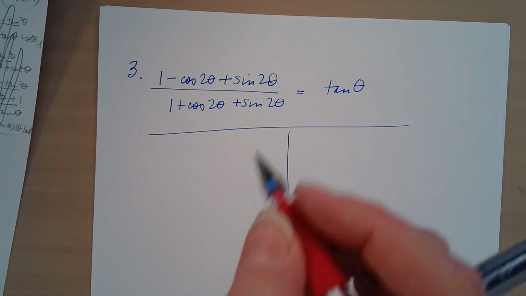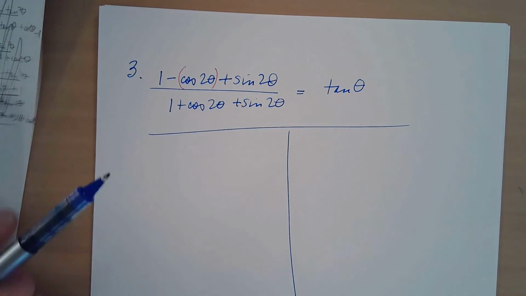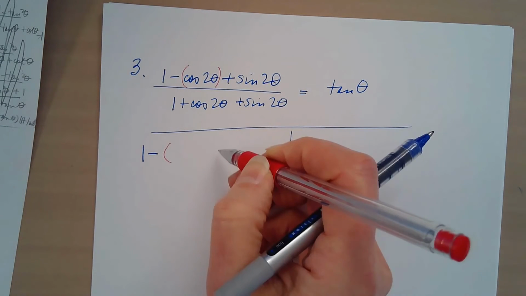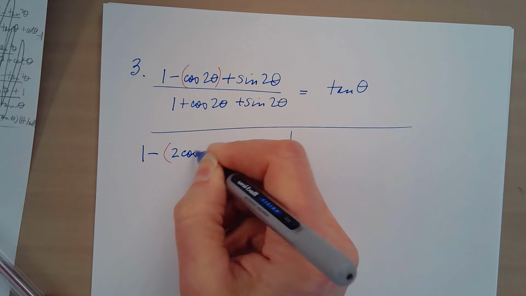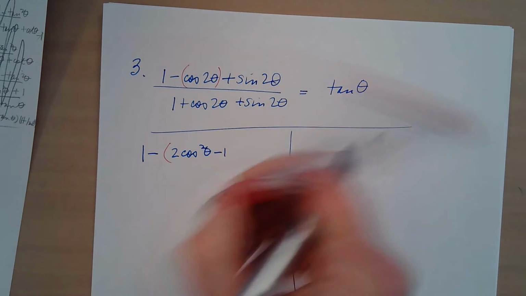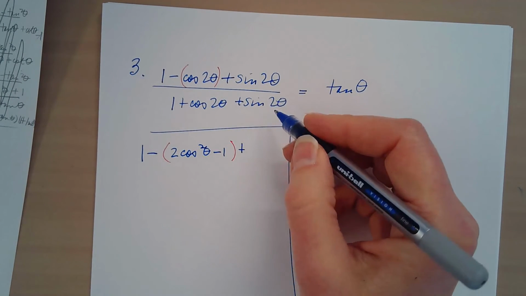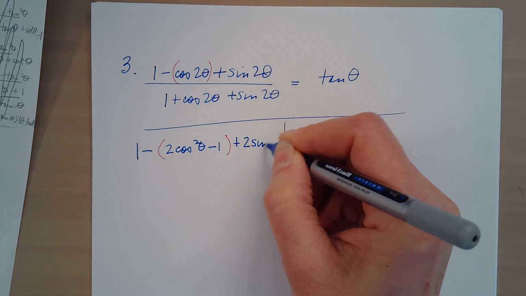So that's, I think, what I'm going to do, because that would at least give me a place to start with. So what I'm doing is I'm just replacing this cos 2 theta with, okay, I'll show you what I'm replacing it with. 2 cos squared minus 1, right? That's all I did, just replace that one. Plus, the nice thing about sine 2 theta is there was only one way to get rid of the double angle, and it's 2 sine theta cos theta.